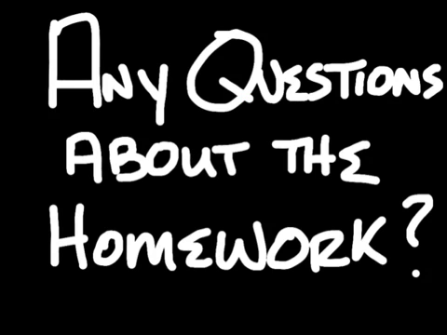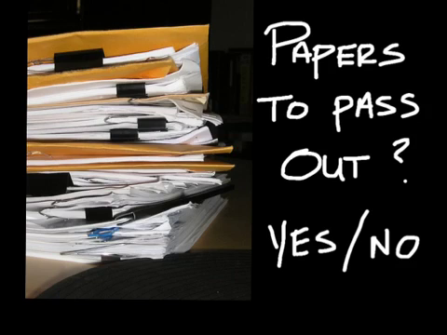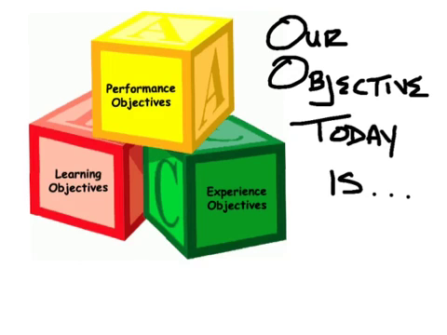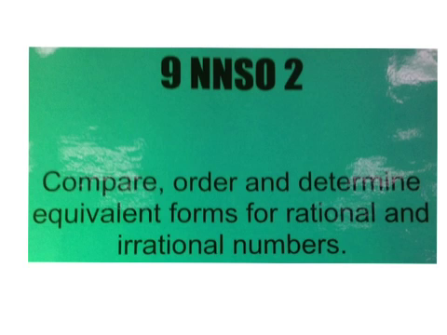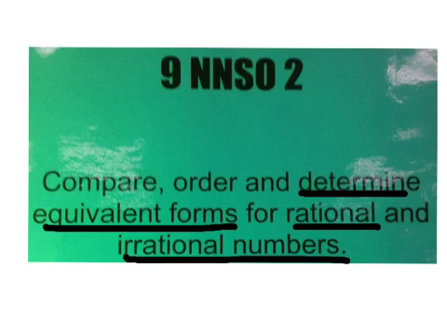Questions about homework? Papers to pass out, that would be no. And the objective for today: 9th grade numbers, number sense, and operations, number 2. On this one, we will determine equivalent forms for rational and irrational numbers.